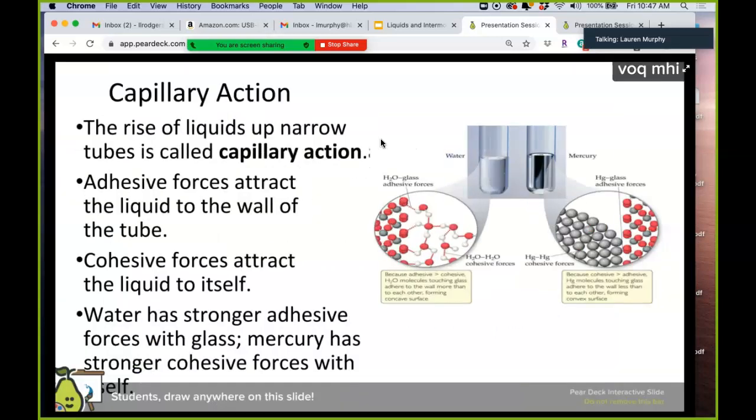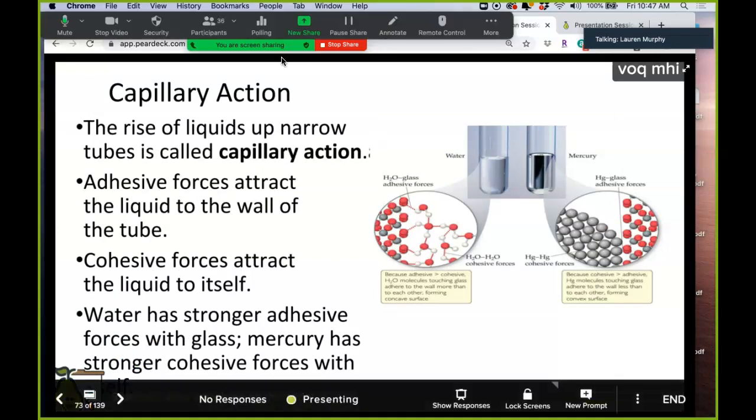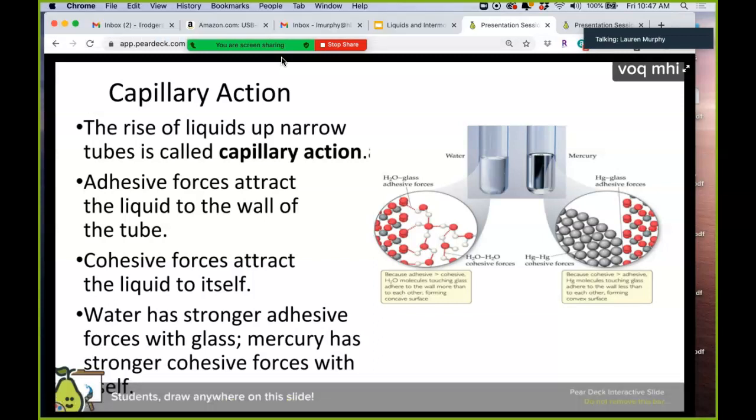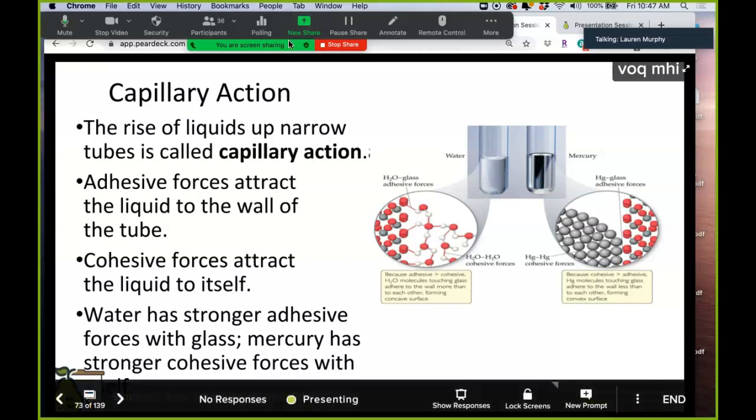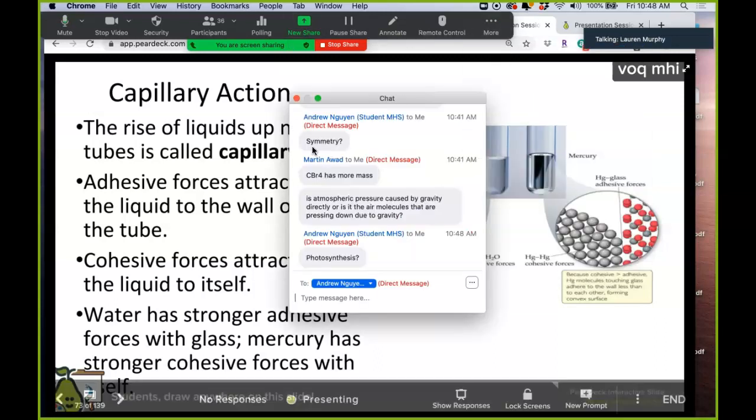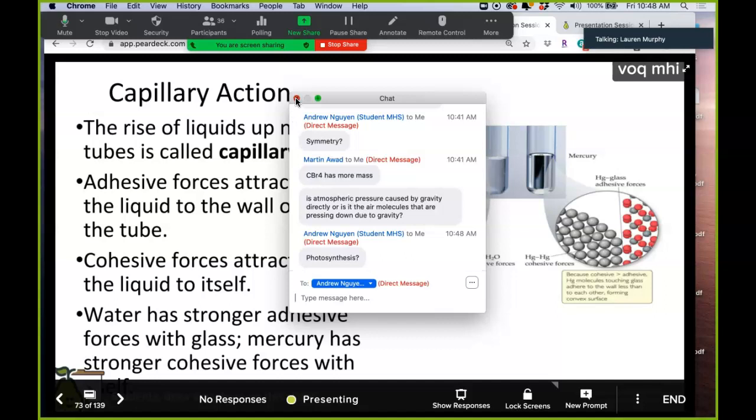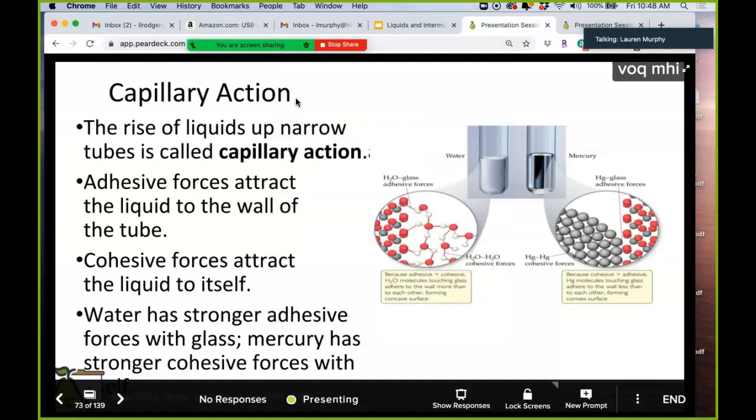So does anybody remember in biology where you learned about capillary action? Capillary action is the spontaneous ability of liquids to rise up a narrow tube. Where in biology did you discuss capillary action? Do you remember? Let's see. Photosynthesis? Yes. Specifically, what part?